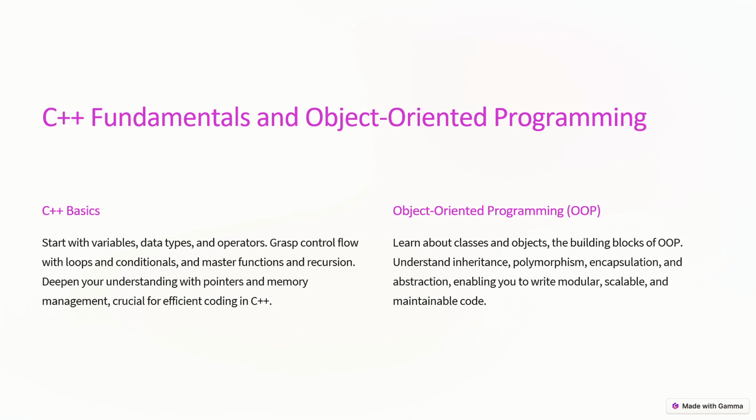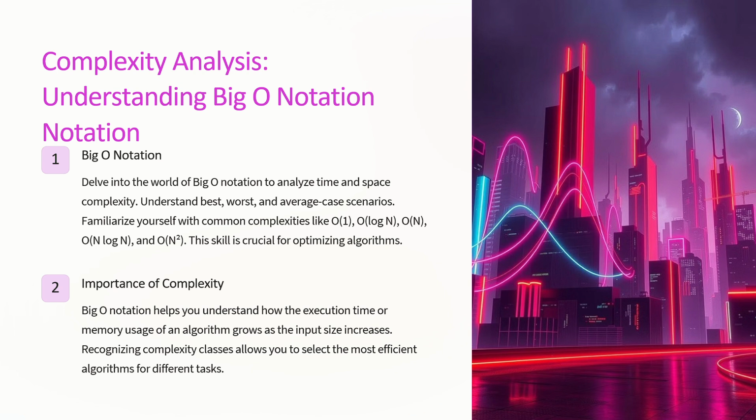And then we are moving on to complexity analysis. Understand Big O notation. Now that you know C++, let's talk about one of the most important concepts in DSA: time and space complexity. Big O notation, time complexity: O(1) is constant time, accessing an array element.